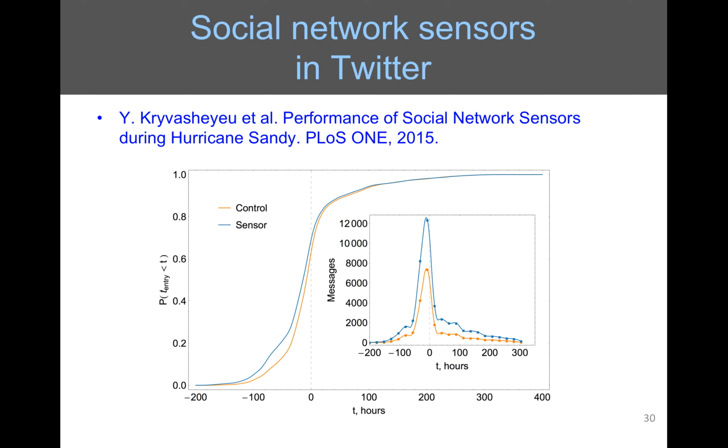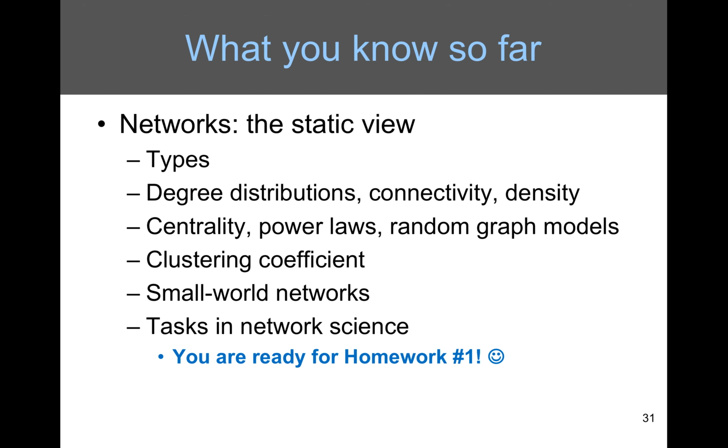People have done studies where they've taken a disaster situation like Hurricane Sandy, and tried to define these social network sensors so that by following them, you get a lot of insight into how the recovery process is progressing. These are the people who send a lot of messages, who are well connected to the network. By focusing on the subset of the people, you actually get a lot of insight, early bird advantage, into the overall progression of dynamics in the network.